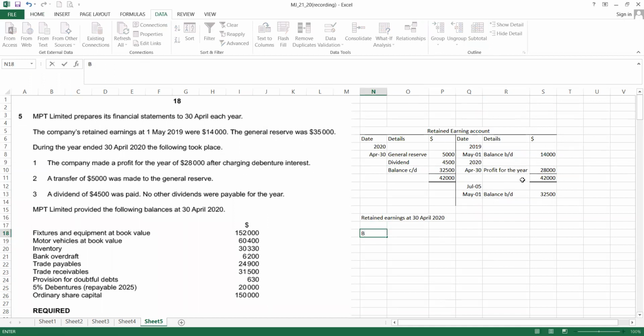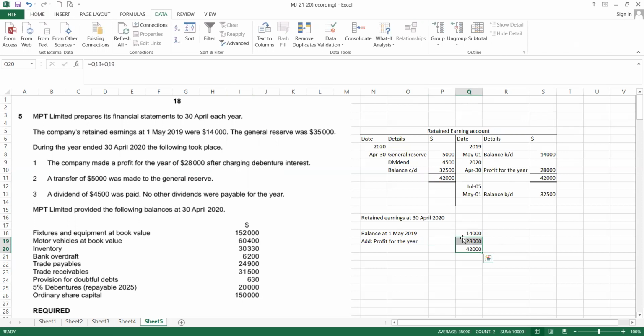Balance at 1st May 2019, the amount is 14,000. Now during the year, you're going to add the profit for the year, because it increases your retained earnings, 28,000. So you add these two first.